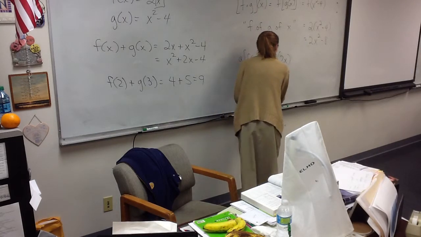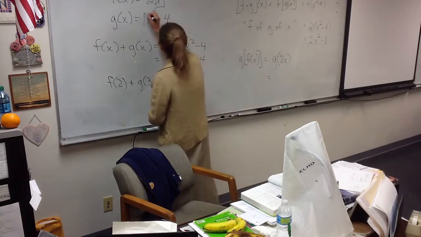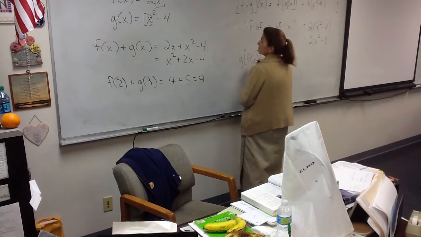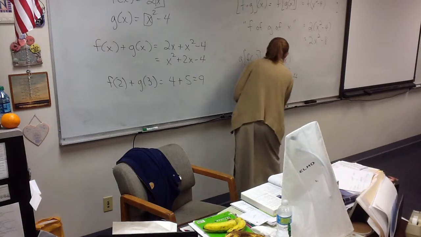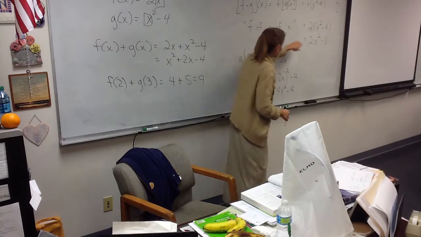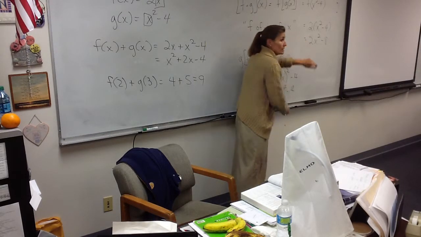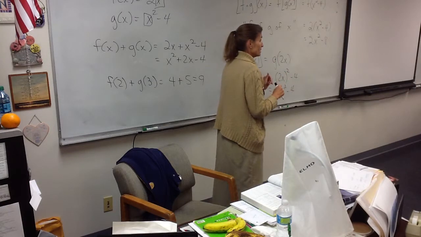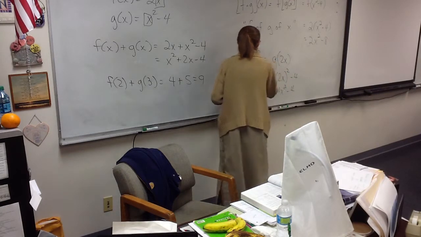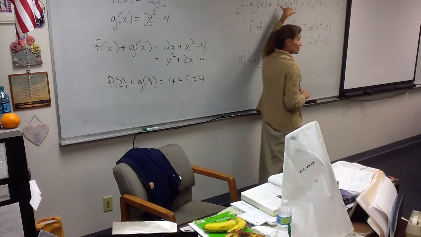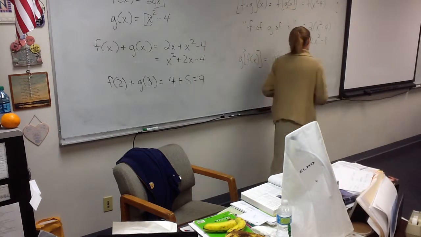So what's that going to look like? 2x quantity squared minus 4. Which is 4x squared minus 4. Notice, did we get the same answer? No. No, it's not commutative. It matters what order you do it. This says plug f into g. This says plug g into f.